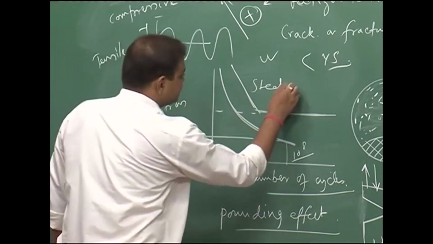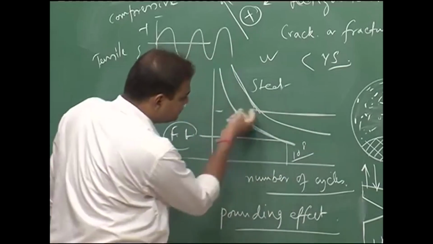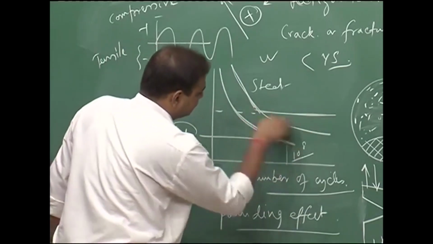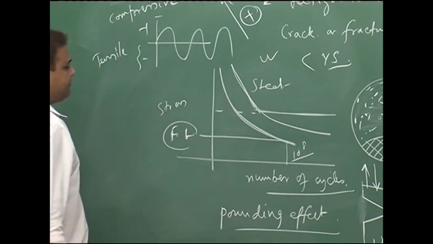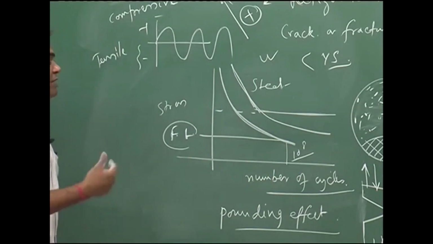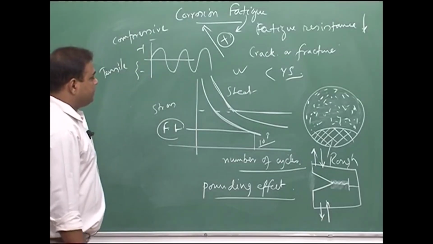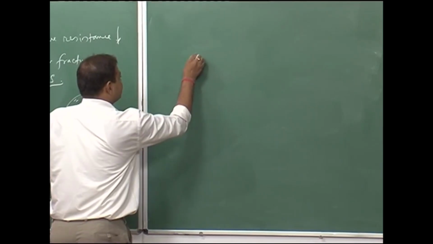But in case of steel, if there is corrosion, instead of having a well defined fatigue limit, we have a very smooth curve without a well defined fatigue limit.